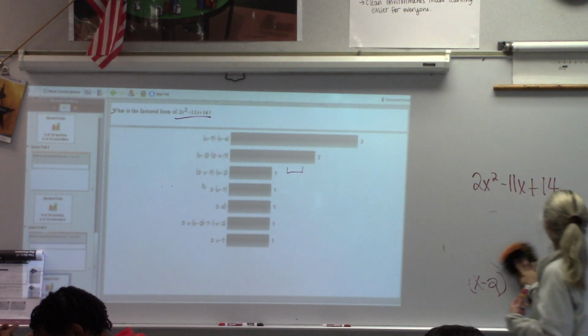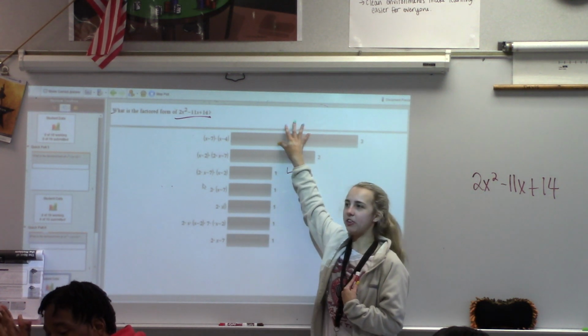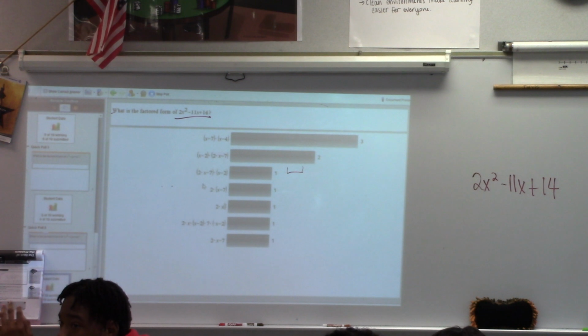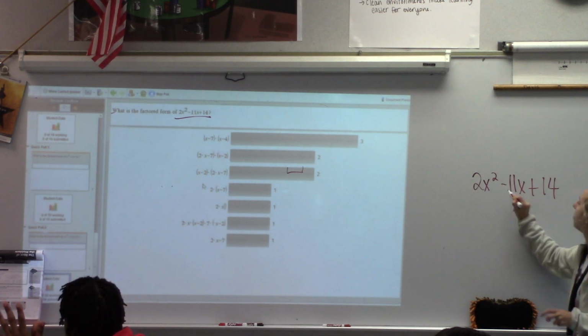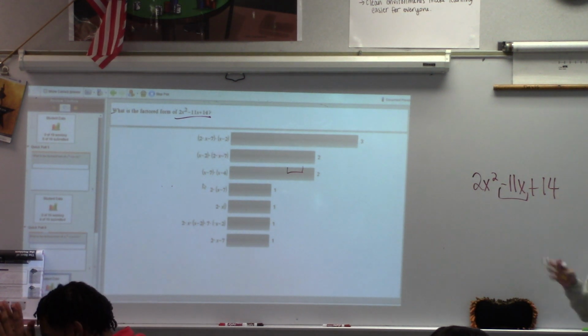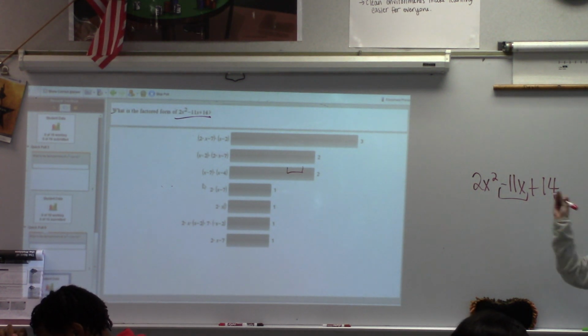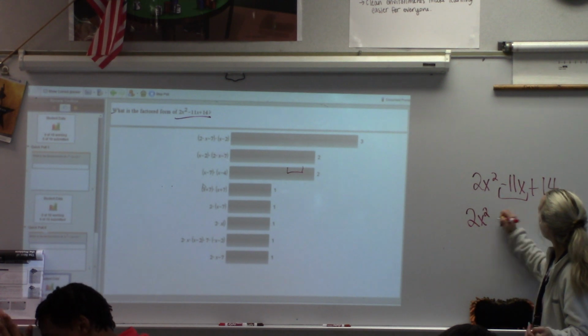Your idea, okay, so all these folks right here, let me tell you where we need to go from here. Your negative 7, your negative 4, you're getting those factors, but what you need to do with them before you can put them into that form is separate this middle term up, because that's what these two are making up, the middle, which is the b.